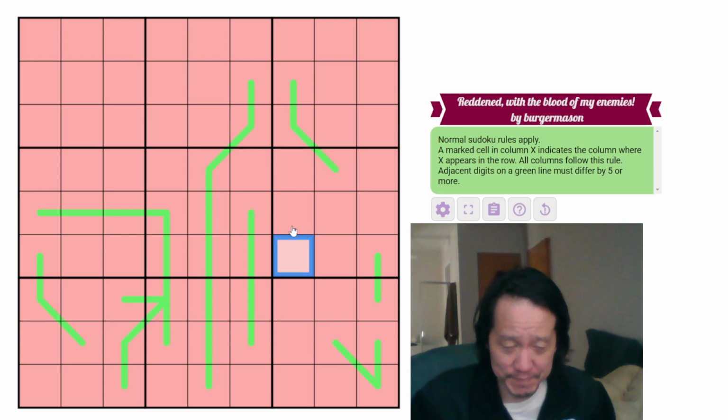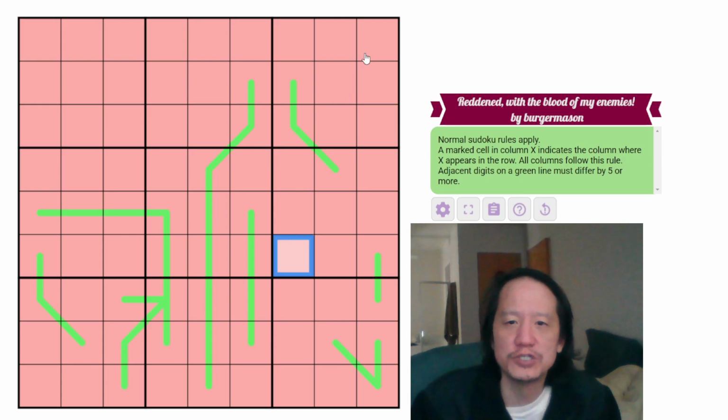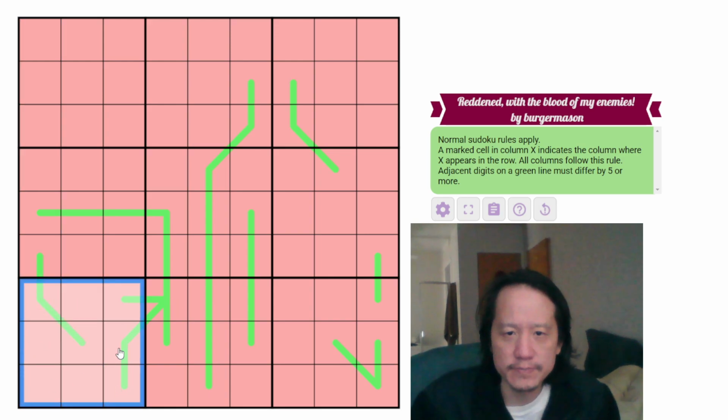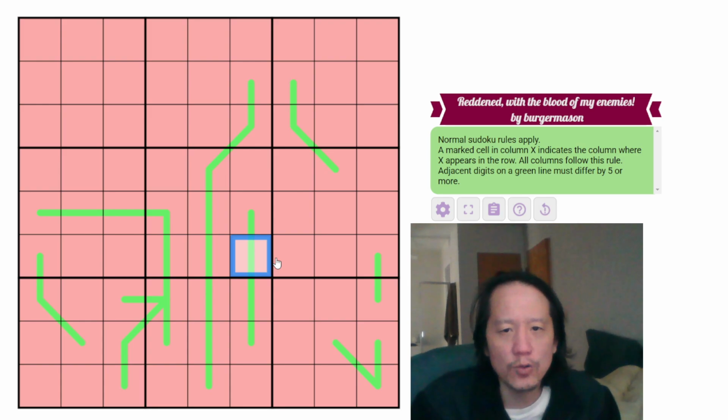Here are the rules. Normal Sudoku rules apply, which means place the digits 1 through 9 without repeats in every row, column, and box. A marked cell in column X indicates the column where X appears in the row. All columns follow this rule.